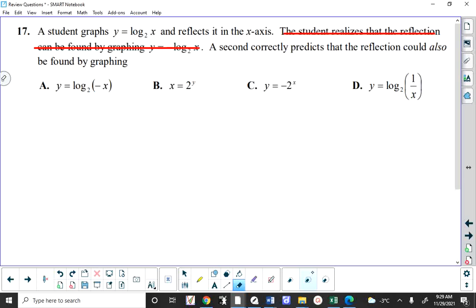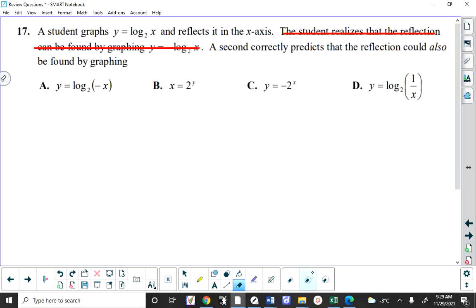Which of the following two functions would be the new function? I could have choice A, y equals log base 2 of negative x, and y equals negative log base 2 of x. I could have choice B, y equals negative log base 2 of x, and y equals log base 2 of 1 over x, and I could do it that way.